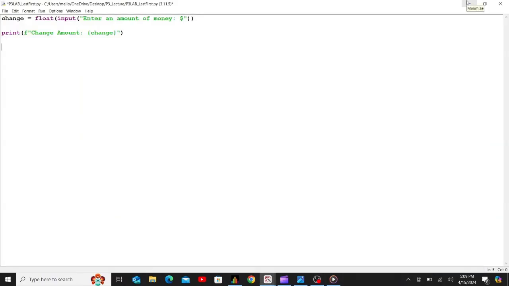All right, so now that we can get the value of change from the user and print it back out, we know that we have it stored successfully. Now I'm going to let you guys in on a little secret here. Float values are very difficult to work with if you're doing math that needs to be really precise. And the reasoning behind that, we're not going to get into.